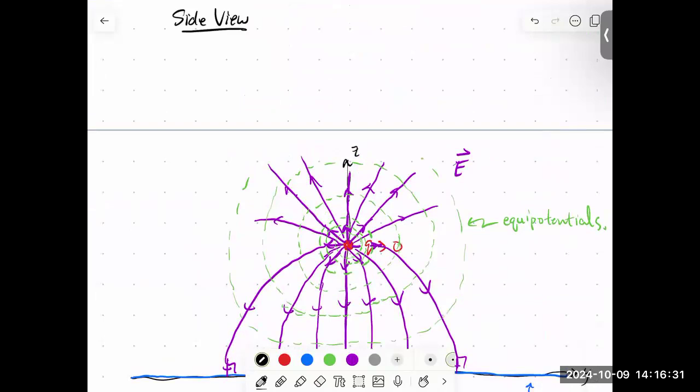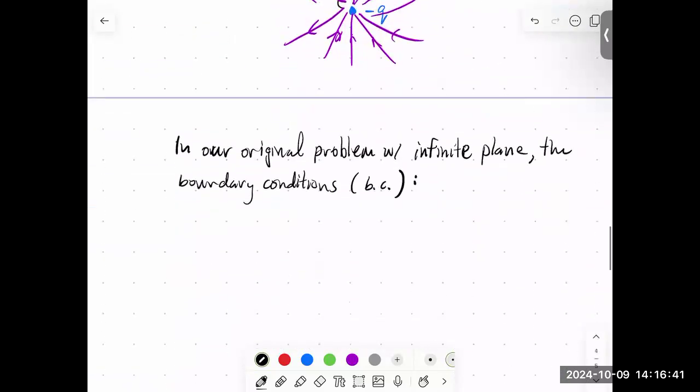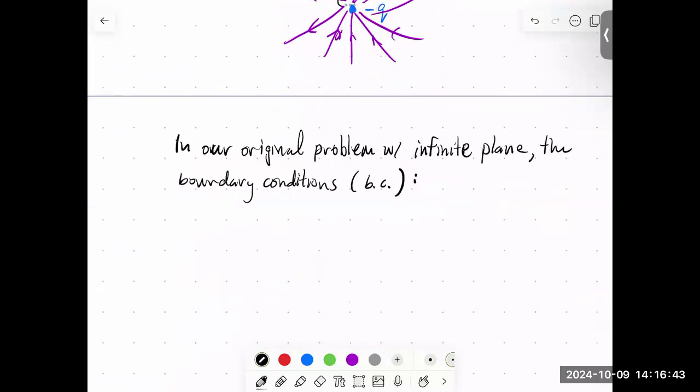What would the potential be for Z really huge, far, far away from the point charge Q? 0. Okay, that's one of them. So one of our boundary conditions is, in general, far away from Q, V has to be 0.